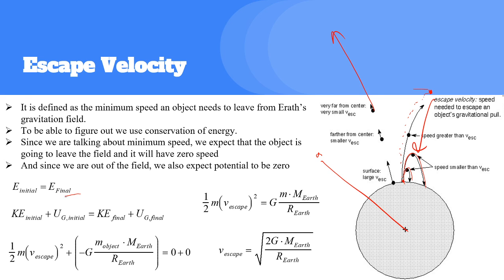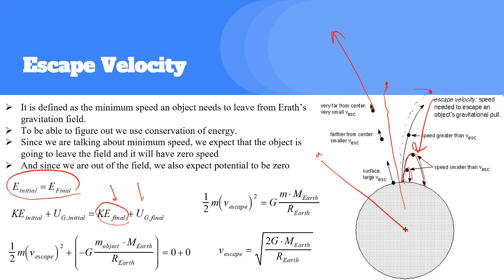Then a way for us to construct the equation is basic conservation of energy. Initial energy is equal to final energy. And at the end, we expect no potential energy and no kinetic energy because we are talking about the minimum velocity. Once it leaves the system, like the atmosphere, it's going to stop, because as it's going up, it's slowing down, slowing down, slowing down.